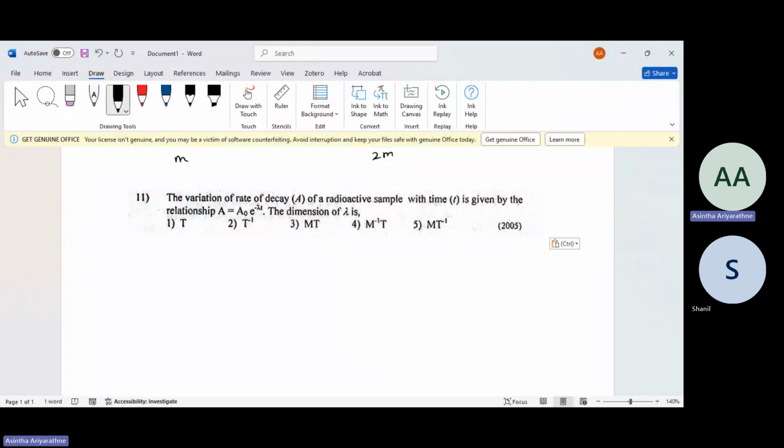So you know s minus 1 is the unit of that, then T minus 1. Or I'll say you don't know.